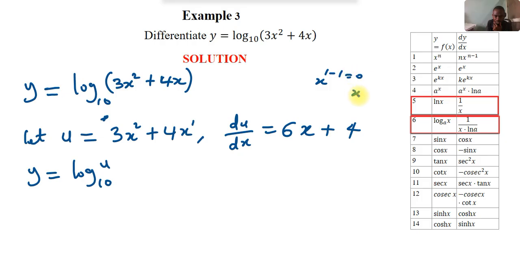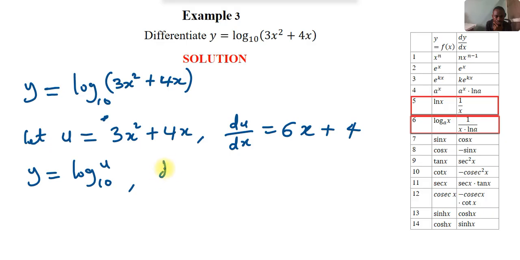So we have x raised to the power 0, which is 1. Therefore this one remains 4, because 4 times 1 is 4. So that's the derivative of u with respect to x.